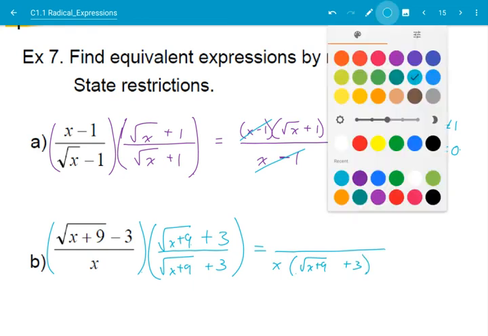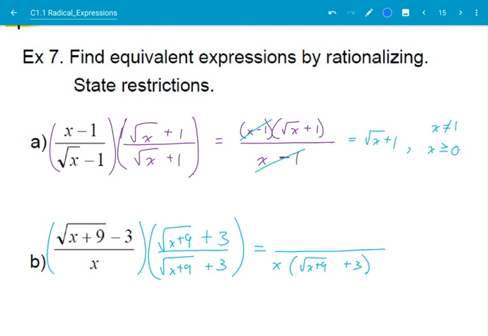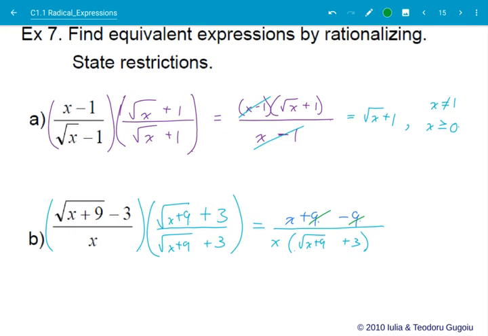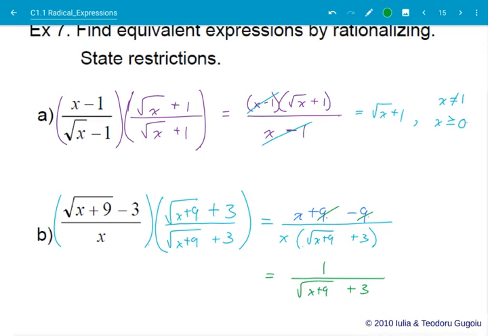In the numerator, we use the difference of squares pattern, so it'll be x plus 9 minus 9, right? 9 minus 9 is 0. X over x, they cancel out. We end up with 1 over the square root of x plus 9 plus 3. Now, what has to be true for the restrictions?